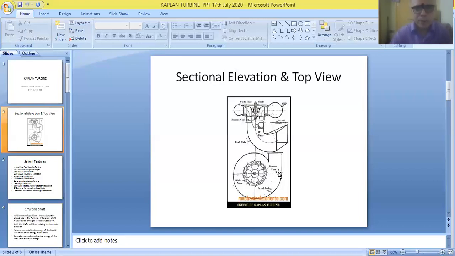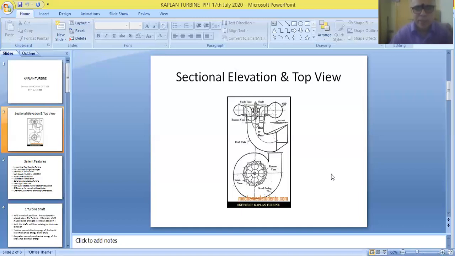The area of cross section of the casing is gradually decreasing in the direction of flow of water. So the pressure energy of the liquid will be getting converted into kinetic energy of the liquid.